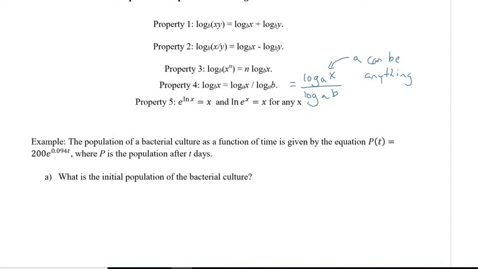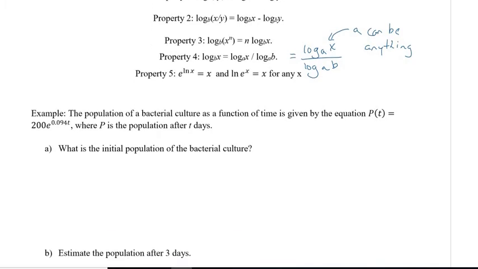So the population of a bacterial culture as a function of time is given by the equation P of t equals 200 times e to the 0.094 t, where P is the population after t days. So question 1 says, what is the initial population of the bacterial culture? We know just from our understanding of exponential functions that our a value up front is the initial value.